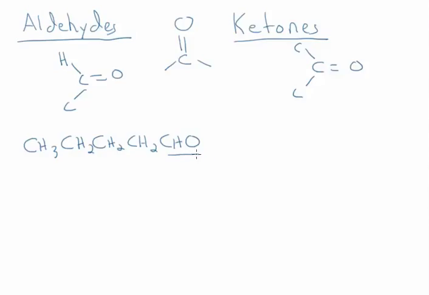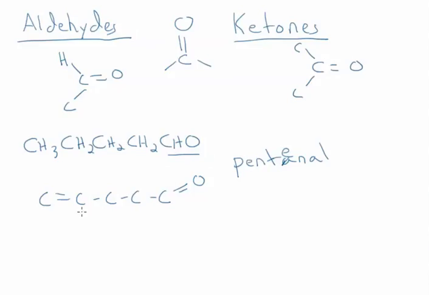We can draw this out if you choose to. And we see 5 carbons, so it would be pentane. And because it's an aldehyde, it would be pentanal. Now, if there was a double bond in here, it would just be pentene, and then you'd have to tell where that double bond in between the carbons was.